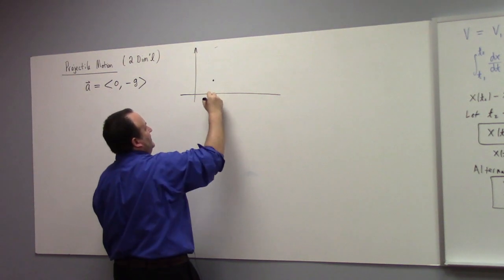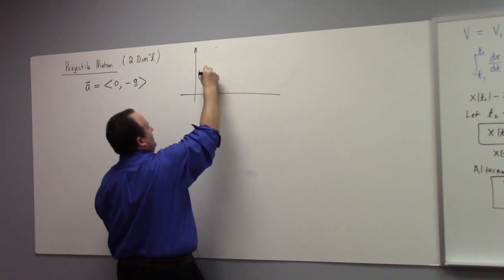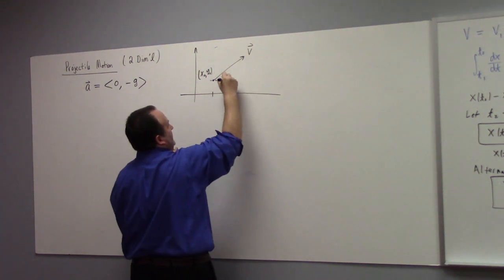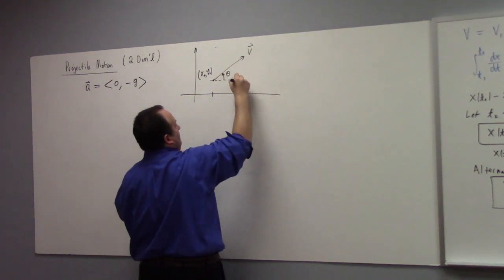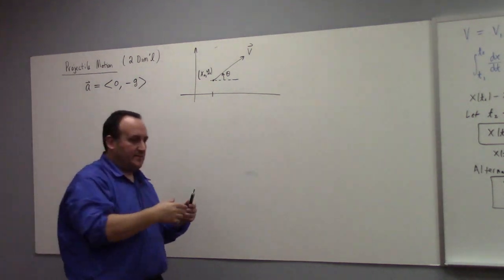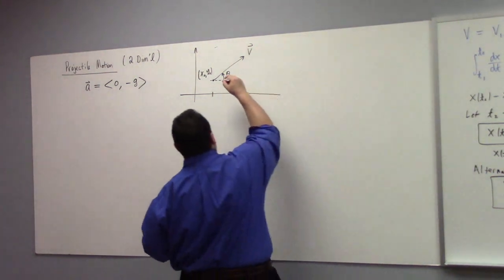We've got our initial position here. It's at some point, say x0, y0, right? The initial velocity is something like this. We typically say that it's at angle theta, right? And then it flies under its own influence.